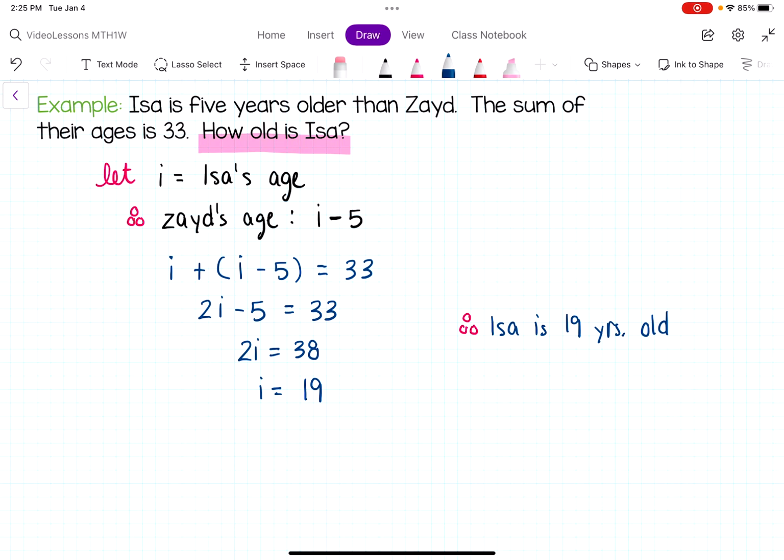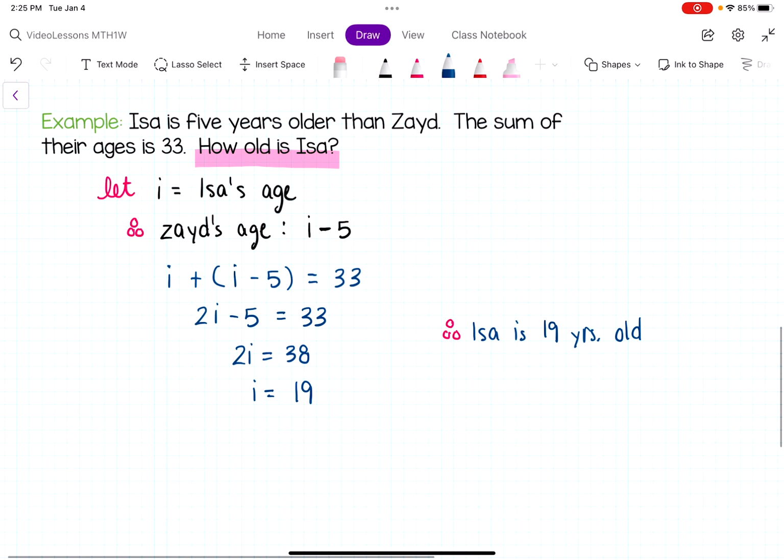So that's why we didn't write i plus z. Saying i plus z equals 33 means nothing to us because I can't solve for anything there, because i and z are not like terms. That's why we immediately wrote Zaid's age in terms of Isa's age.